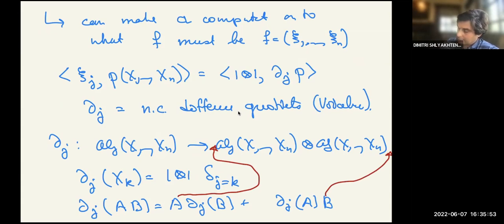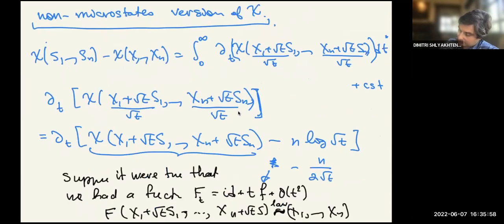Well, so long story short, this is the derivative of what we've just described.